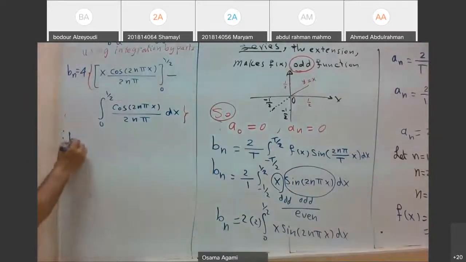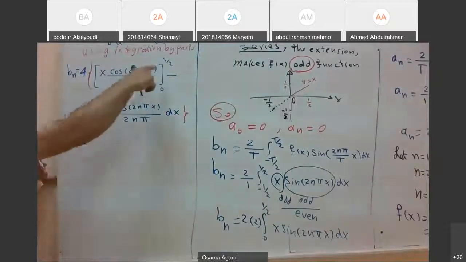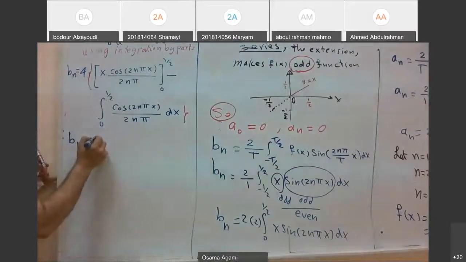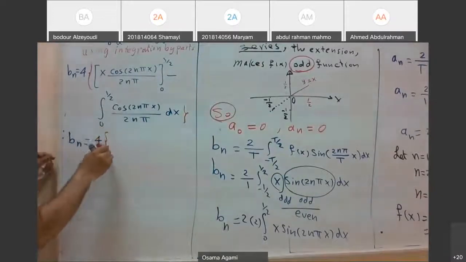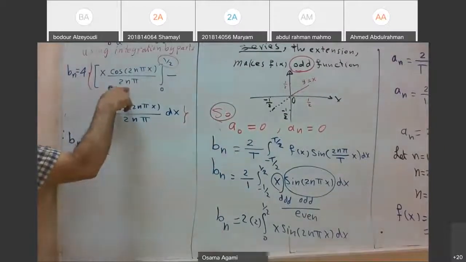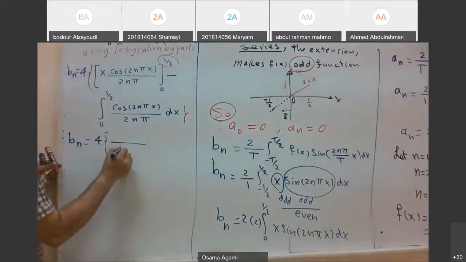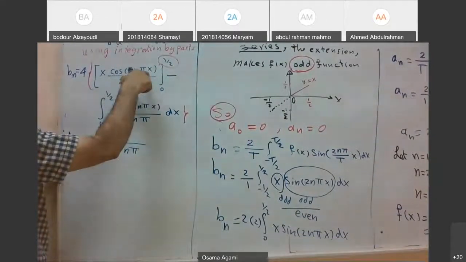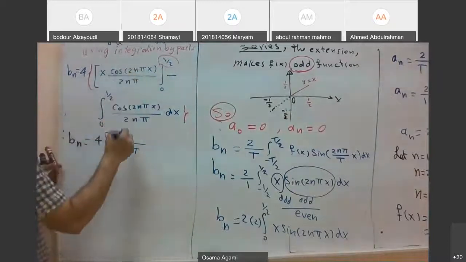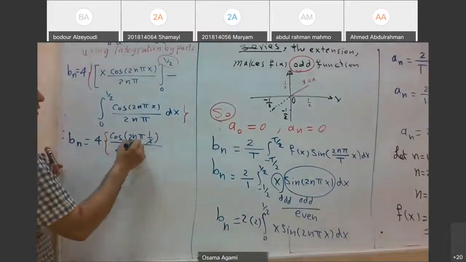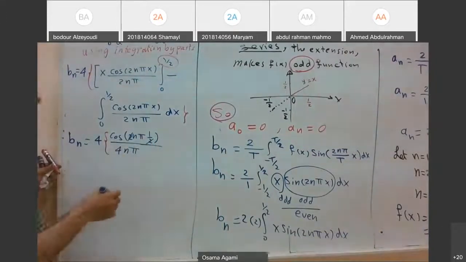Now Bn will equal, when I substitute x by half, what do you have here? This is a 4 outside. When I substitute x by half, I have this one half here, so it will be 4n pi down here, and cosine 2n pi times half, so this 2 will be cancelled with this one.